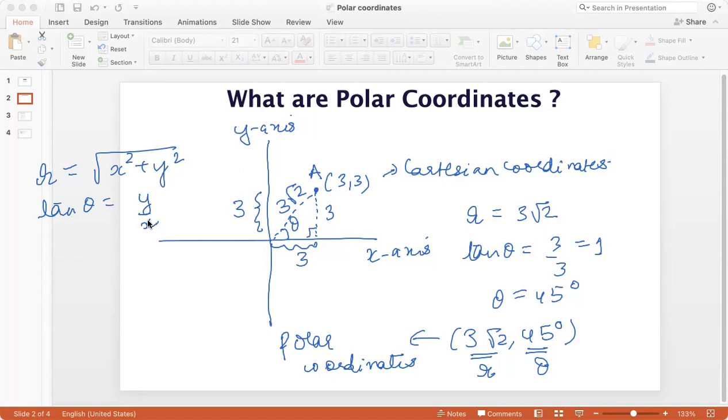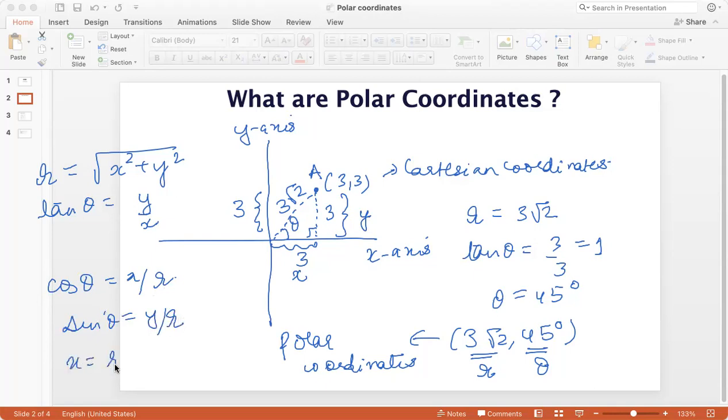Okay, what if I'm given polar coordinates and I have to convert them into Cartesian coordinates? So if you look at this distance, which is x, and this distance, which is y, then I can say that cos theta is x by r, and sine theta is y by r, by the notation of trigonometry.